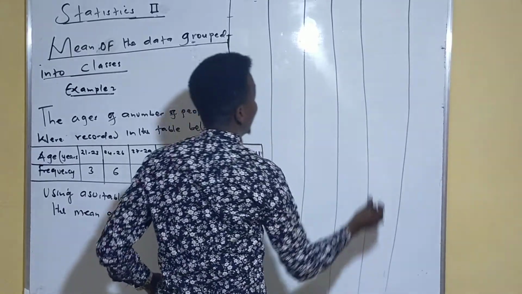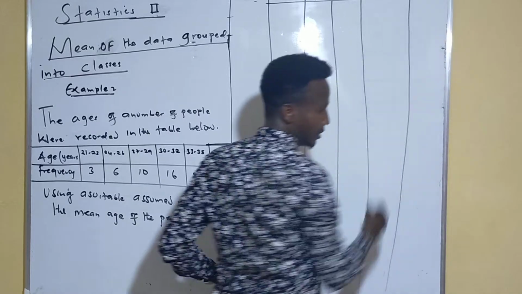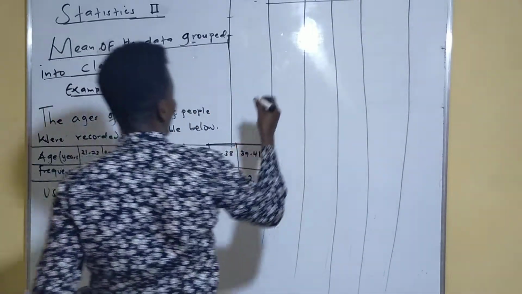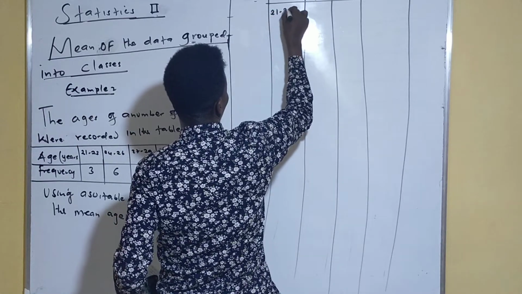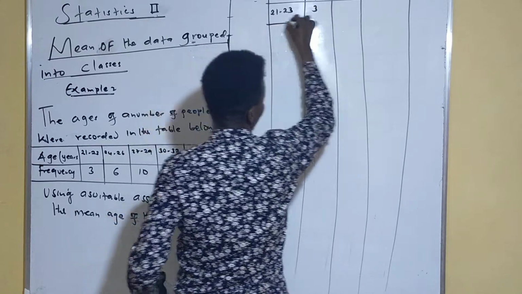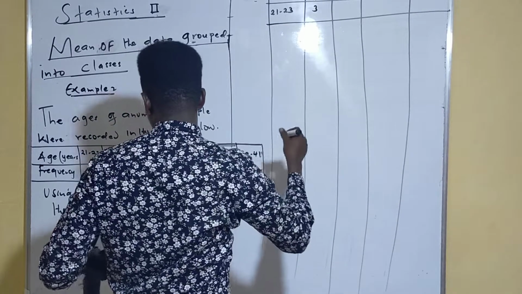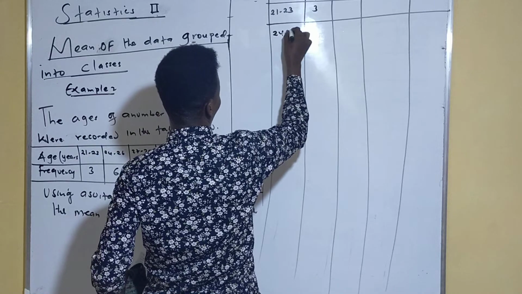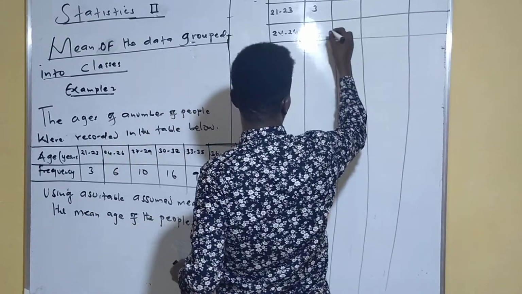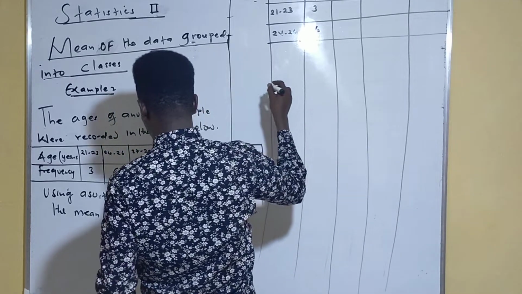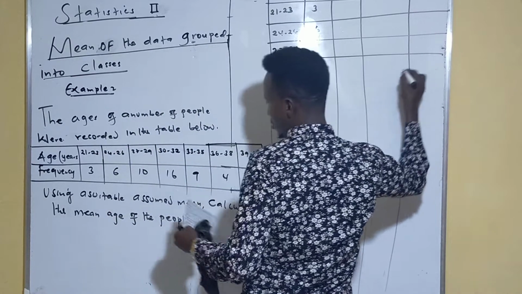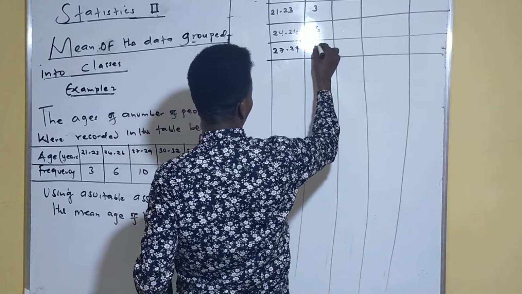So this is what we're having. Let us try to solve this. We have 21 to 23, our frequency 3. Then 24 to 26, we have 6. Then 27 to 29, 10.